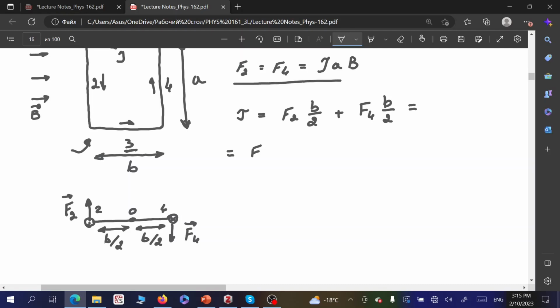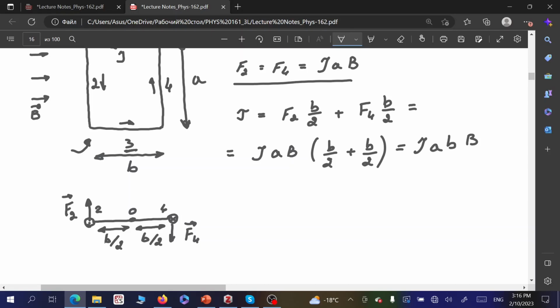We know that F2 and F4 are equal to I times A times B. So let's write it for the force and factor it out. It will be I times A times magnetic field vector magnitude. And here we have B over 2 plus B over 2. So eventually we get I times A times B and times B capital.